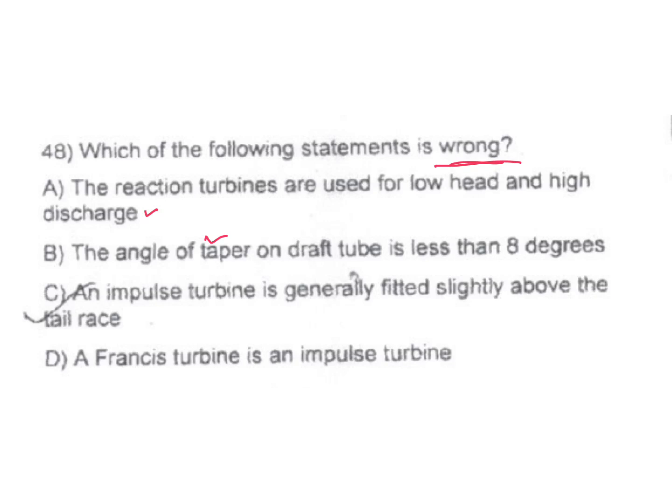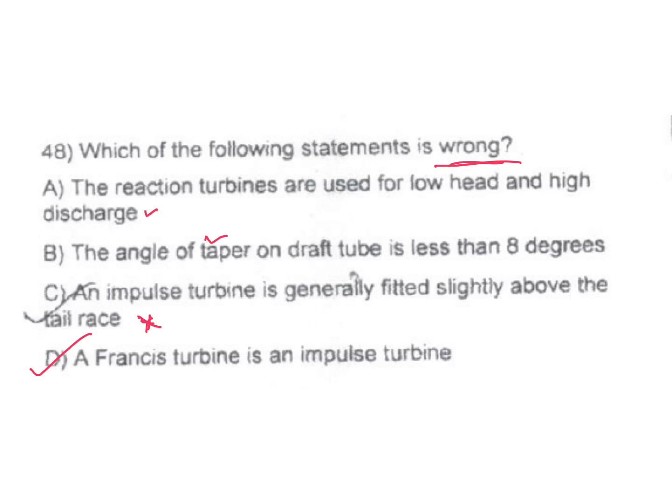For impulse turbine there is no problem, no draft tube, so they can fit it slightly above the tail race. D. A Francis turbine is an impulse turbine. No. Impulse turbine is Pelton wheel, and Francis turbine is reaction turbine. So D is our answer. This is the wrong statement.